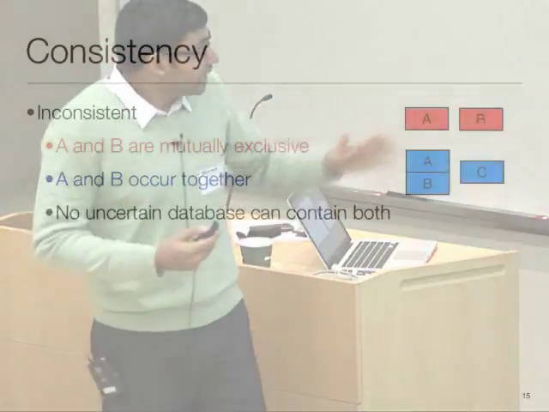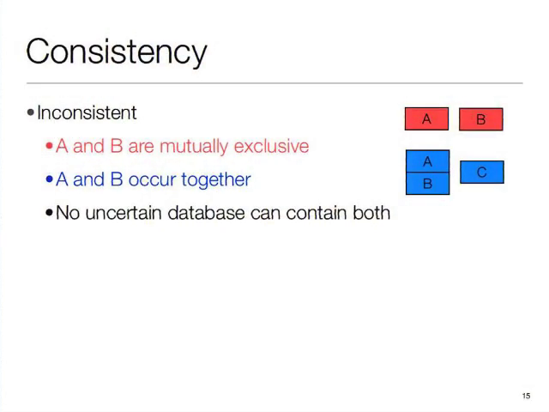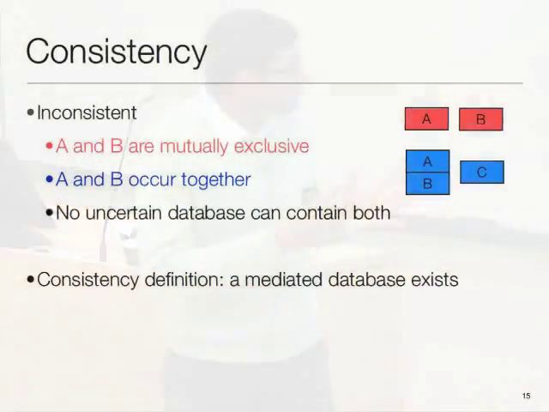Similarly, the blue database asserts that A and B always occur together. So if A occurs, B has to occur. If B occurs, A has to occur. These two pieces of information are conceptually inconsistent. There can be no state of the world where both of these things are true. And hence no uncertain database, according to our definition, can contain both of these uncertain databases. Hence we'll say this set of sources is now inconsistent.